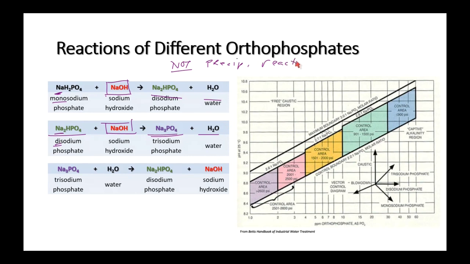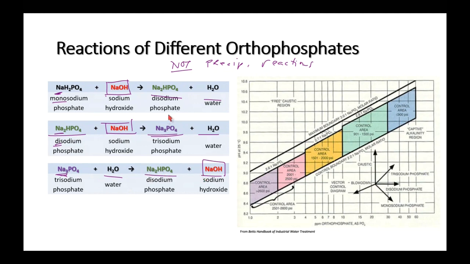We're going to get to that next. And if we add trisodium phosphate to the water, it'll react with the water itself and form disodium phosphate and sodium hydroxide.